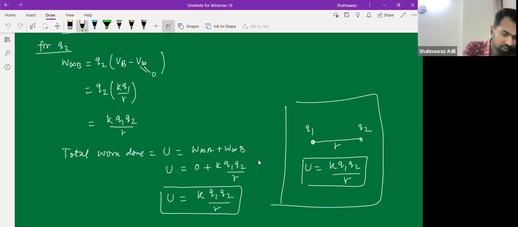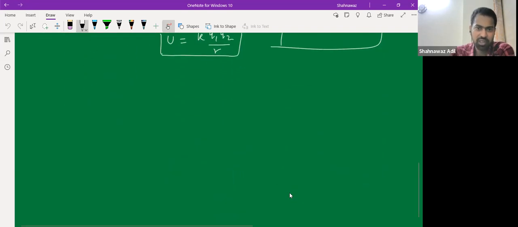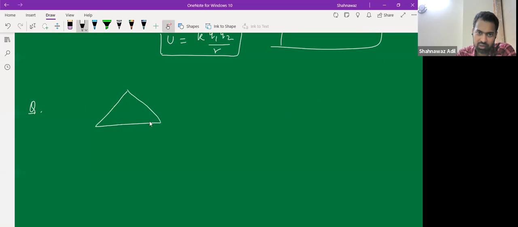Okay, so let's say that we have multiple charges. This was potential energy due to 2-point charges. For the case of 3 charges, Q1, Q2, Q3, what would be the potential energy?